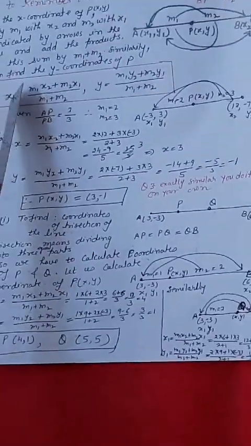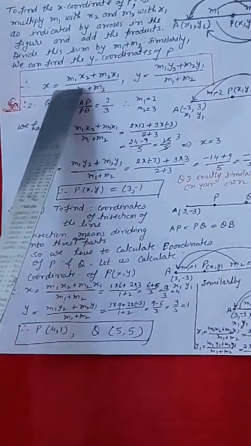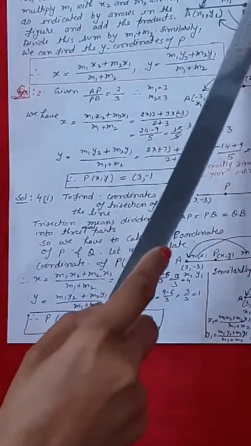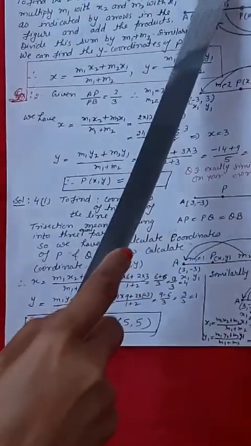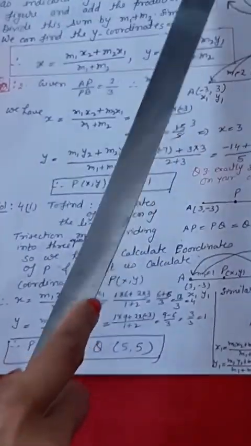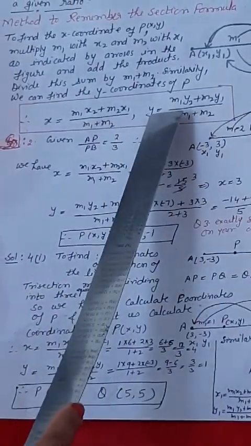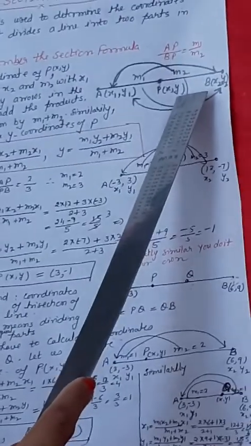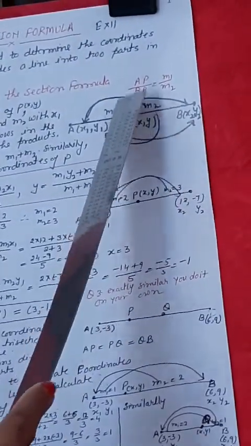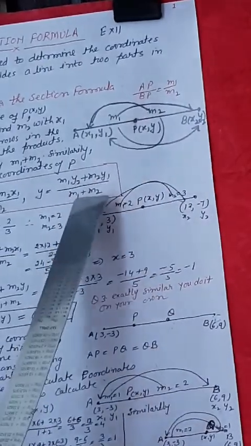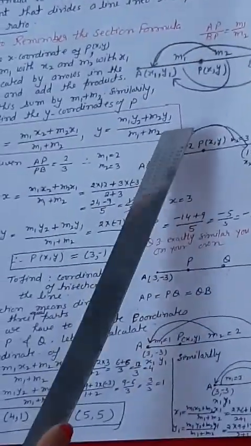So, what is the coordinate of the division point? Again I am repeating, and you please pay attention here. X is equal to M1 x2 plus M2 x1 divided by M1 plus M2. And the y coordinate of the division point: y is equal to M1 y2 plus M2 y1 divided by M1 plus M2.